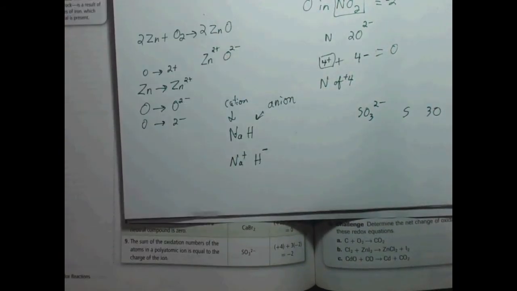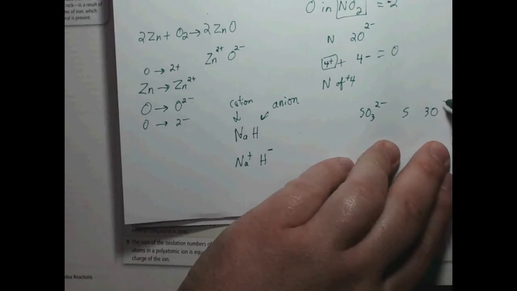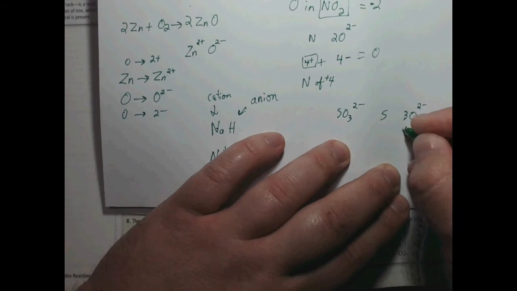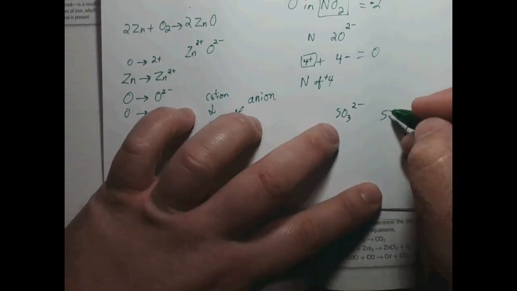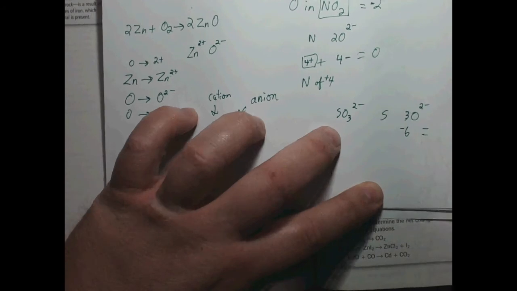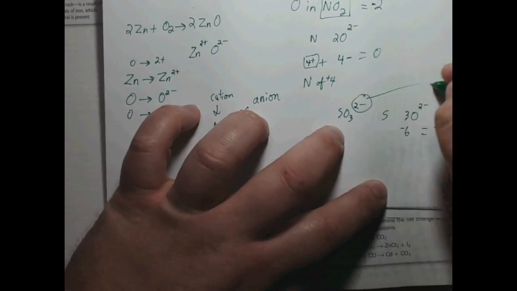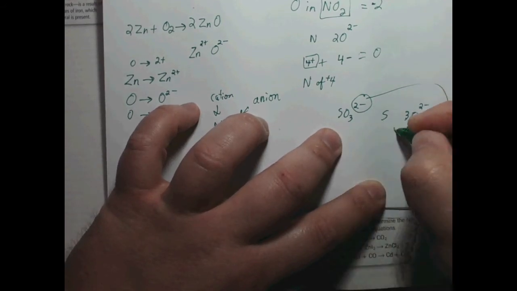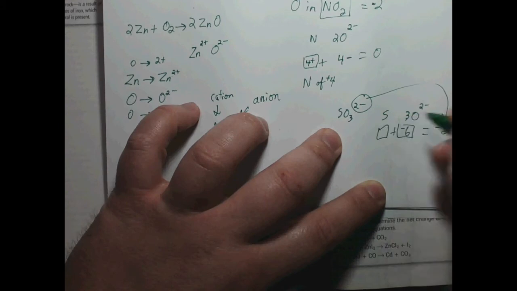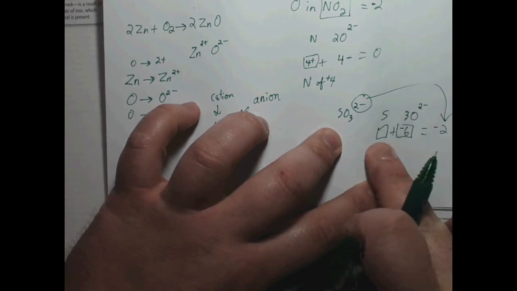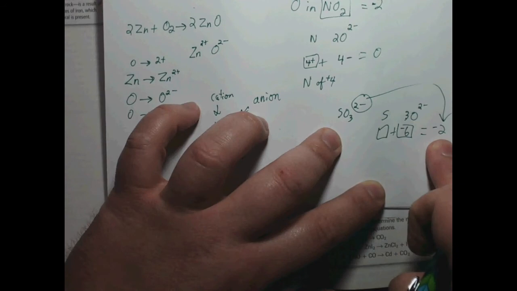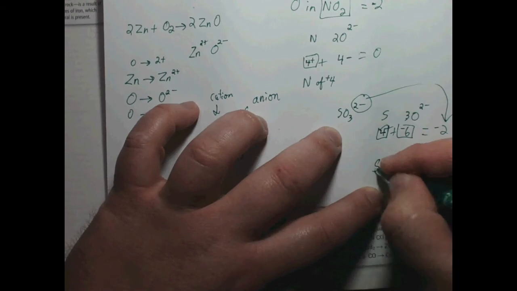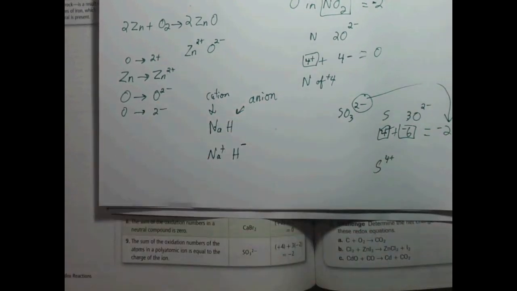Now here, it's not a peroxide, so I know oxygen is 2 minus. 3 times 2 minus, that's a negative 6 total charge. That means sulfur, in order to add up to this charge, this plus this has to add up to negative 2. So what plus negative 6 is negative 2? Positive 4. Okay, so sulfur has a 4 plus charge on it.